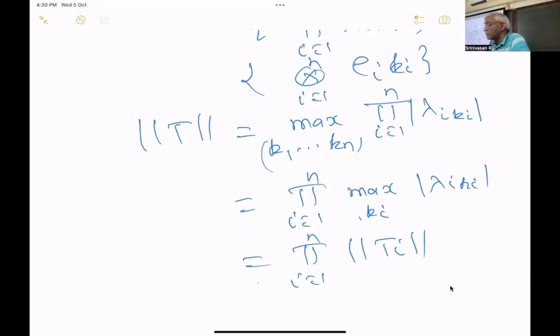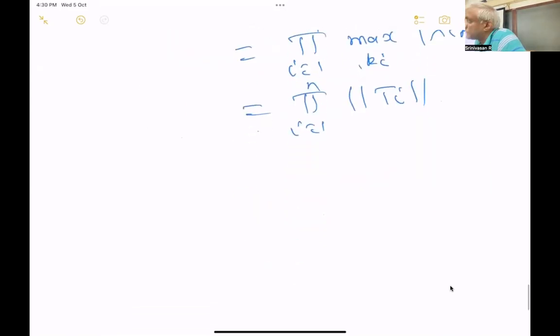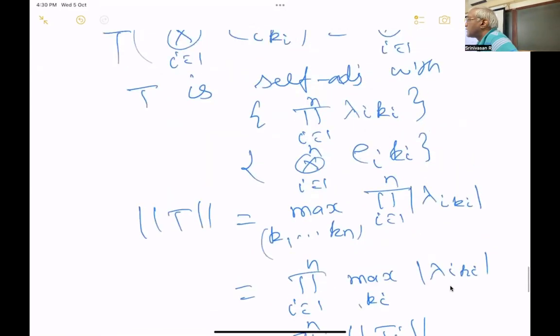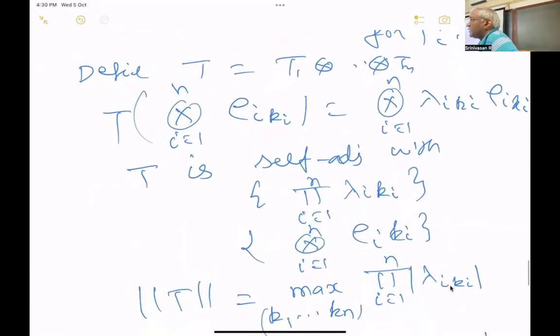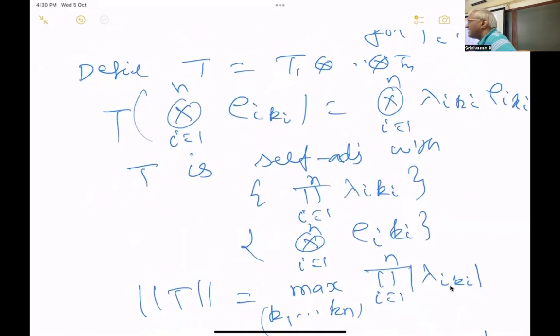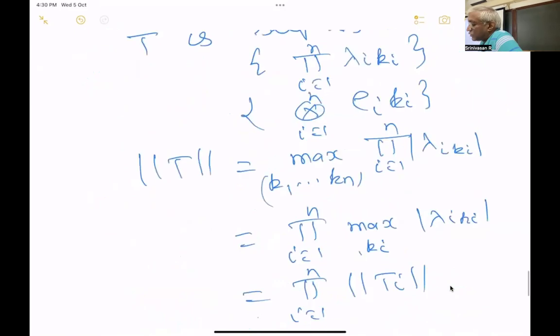Now we want to do it for infinite dimensional Hilbert spaces, of course for any operator, not just self-adjoint. Using eigenvalues, I define it, but you can define it anyway. That is not the point. Here I want to compute the norm, that's why I use eigenvalues. Otherwise it's not needed. In finite dimension, we can anyway define. For infinite dimension, we have to show it's bounded.